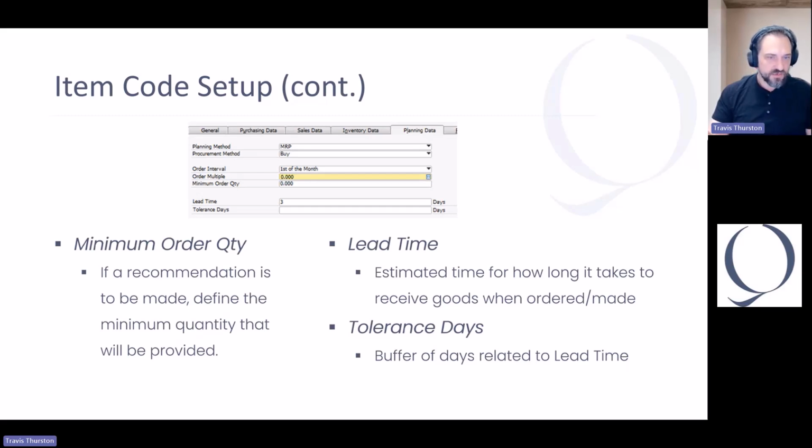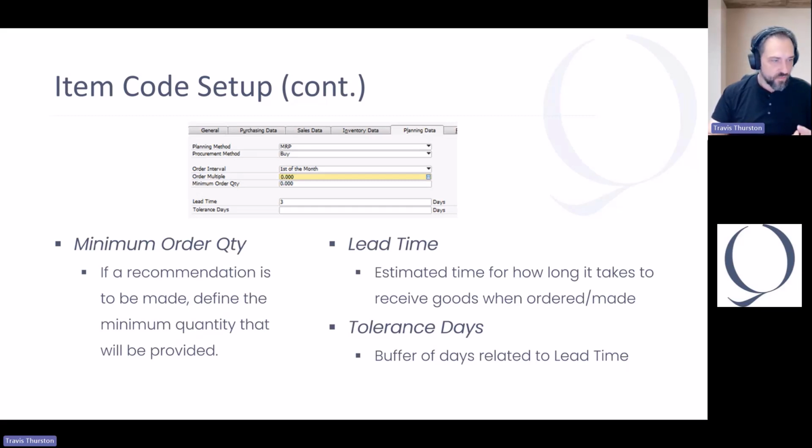So when it makes a recommendation based on when it thinks it needs the availability of the item on hand, it's taking that into account to see if we place the order today or we place the production order today, would you have it within that time? So that's going to help you see if you're meeting or not meeting your needs of having goods related to your demand. But your tolerance days is more of a buffer.